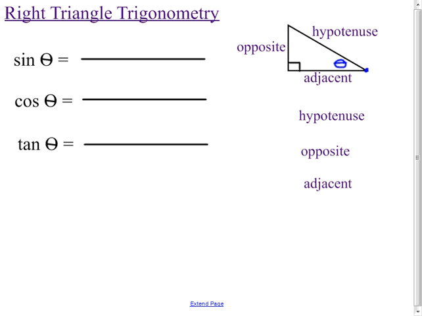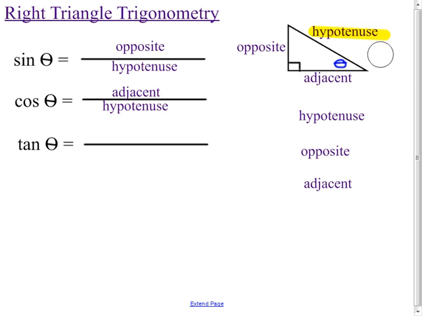The sine of your angle, so the sine of theta, is opposite over hypotenuse. It's a fraction. Sine is opposite over hypotenuse. Cosine is adjacent over hypotenuse.